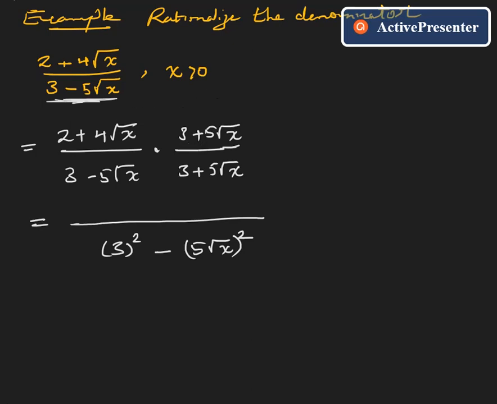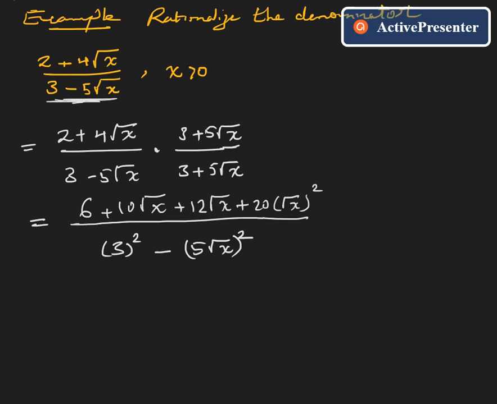So 2 times 3 is 6, and 2 times 5 square root of x is 10 square root of x. 4 square root of x multiplied by 3 is 12 square root of x, and 4 square root of x times 5 square root of x equals 20 square root of x squared.